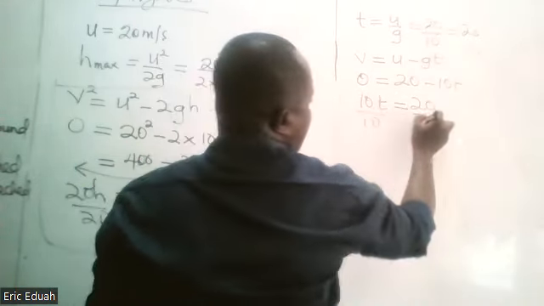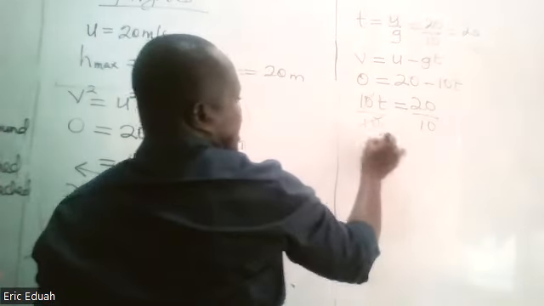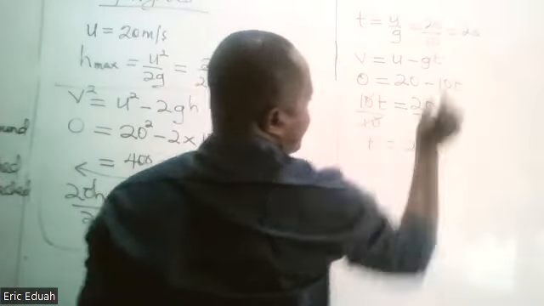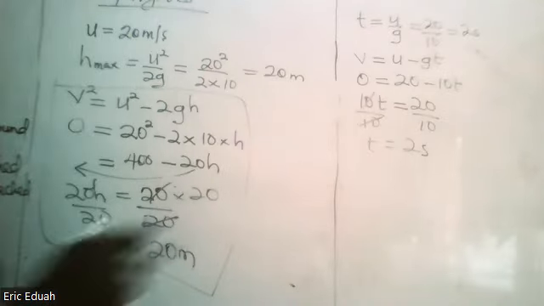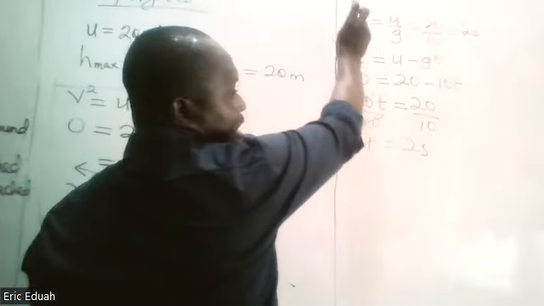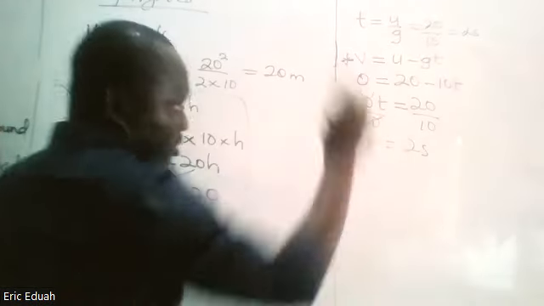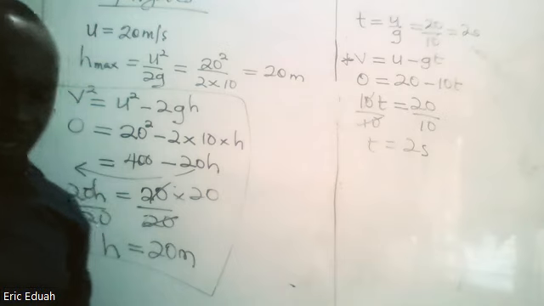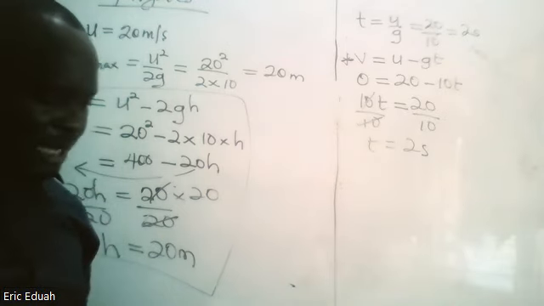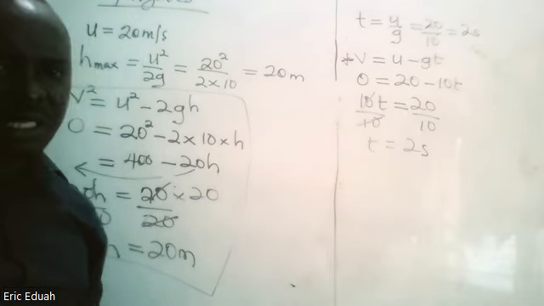Therefore, t is 2. And don't forget, we got this equation upon this consideration of the body reaching the maximum height. So the value is certainly the same.